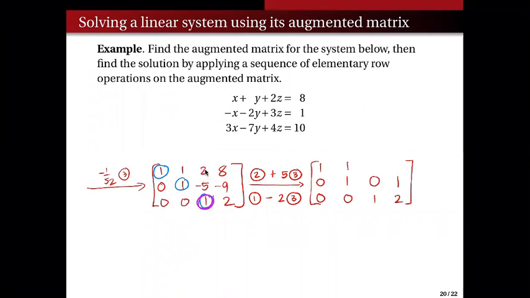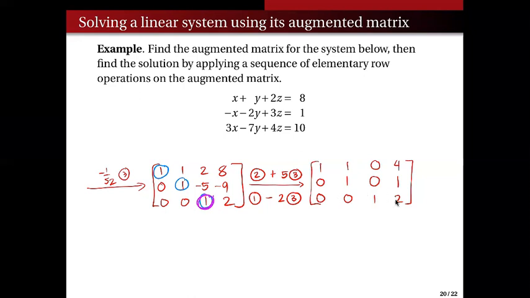Then 2 minus 2 times 1, that becomes 2 minus 2. So this becomes 0. And then 8 minus 2 times 2. So 8 minus 4, that becomes 4. Correct? And then there are no more entries above this leading one.